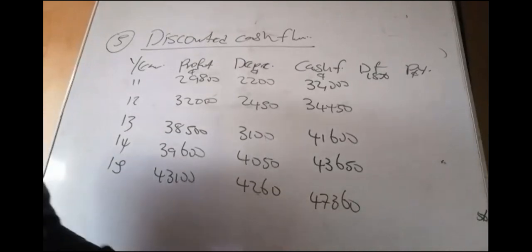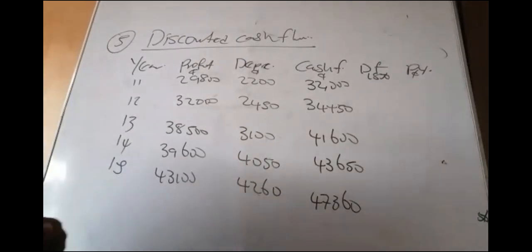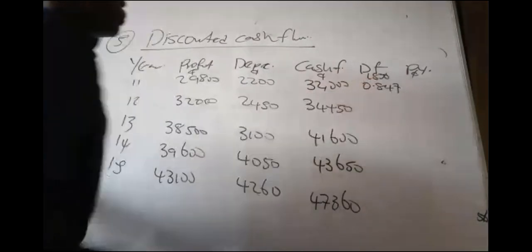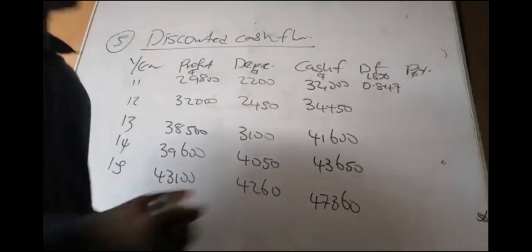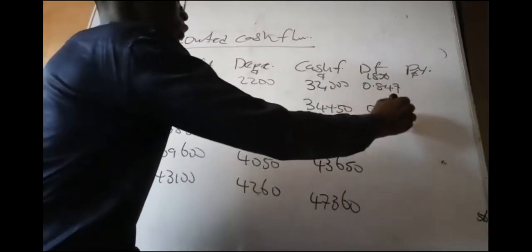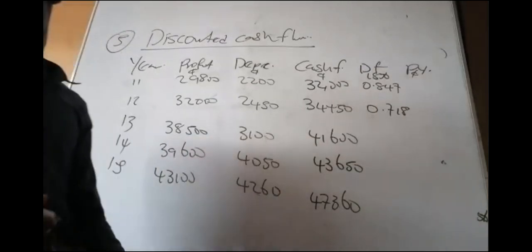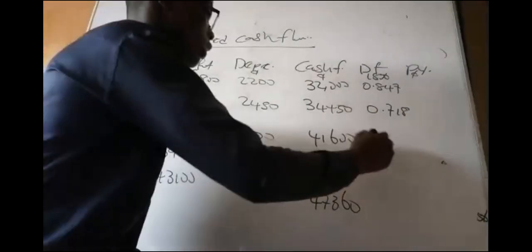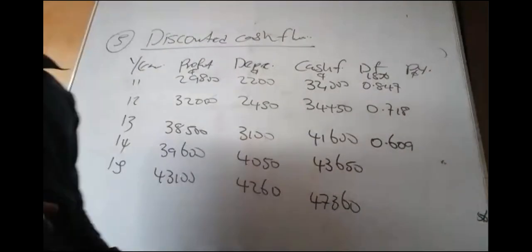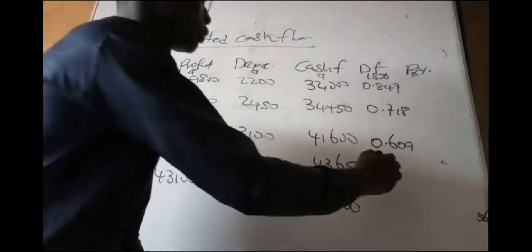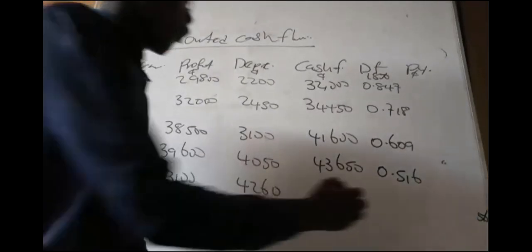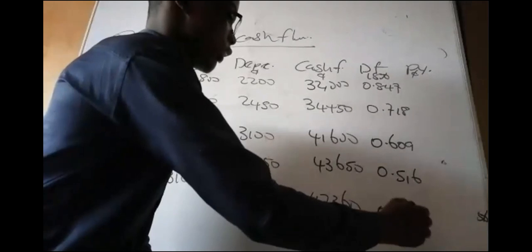You can also calculate them. Year one will be 0.847. Year two will be 0.718. 0.609. 0.516. And finally 0.437.